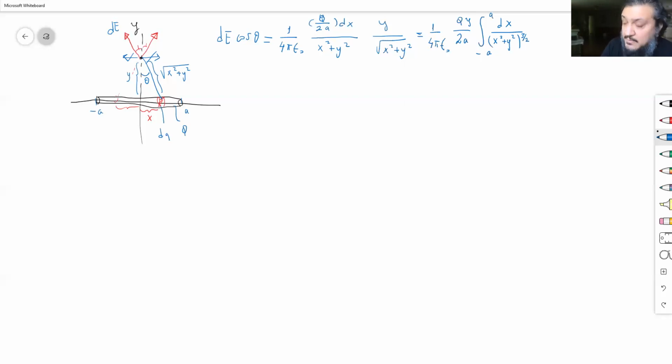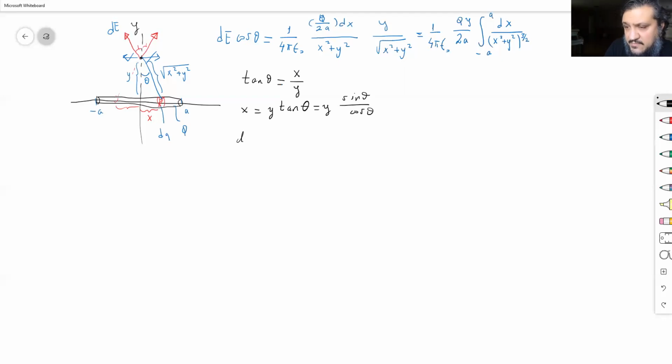Now this type of integral, where you have x squared plus y squared, you could use a trigonometric substitution, like this theta here. So tangent theta is x over y, right? Which means x is equal to y times tangent theta, y sine theta over cosine theta.